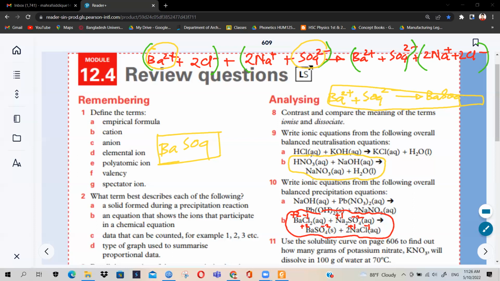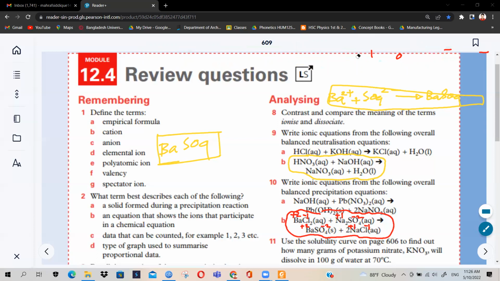What is the charge of the nitrate ion? Do you remember? Yes, minus 1, right? Okay, go ahead. I'm done. Were you writing these? No, I finished writing that.